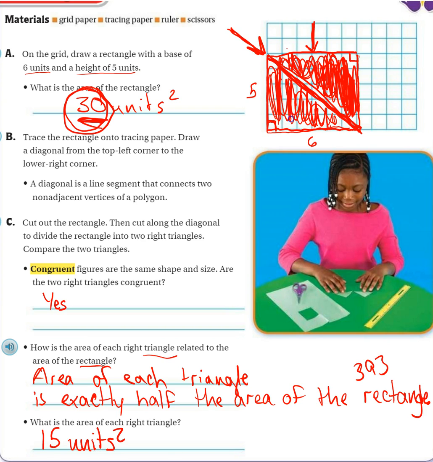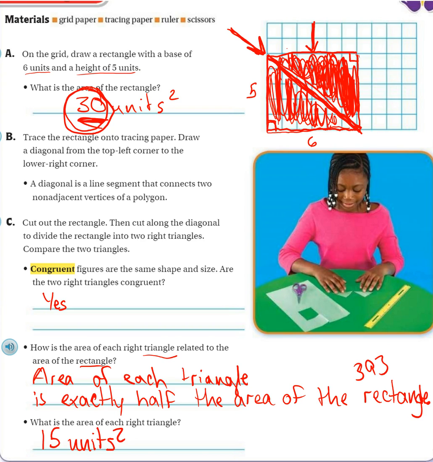This triangle plus this triangle should equal 30, and 15 plus 15 gets me back to 30. So each triangle is 15 units squared, and the whole rectangle would be 30 units squared if you put them both back together.